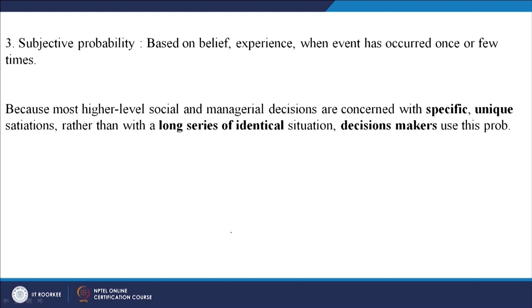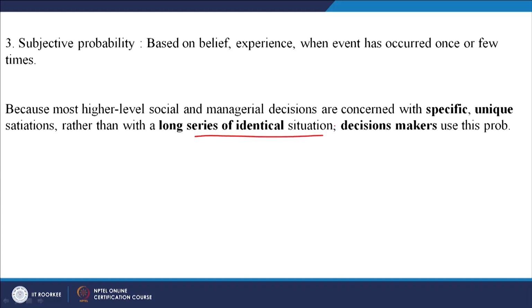The third and the most important type, because most of the people sitting at the top who are decision makers, either in business or in any other sector, or in government or army or whatever area you take, are faced with unique situations most of the time, rather than facing a long series of identical situations.